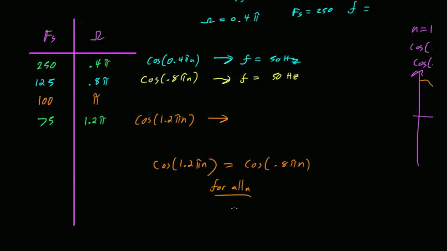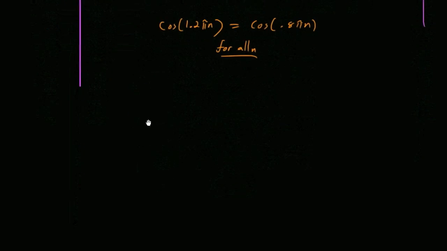How are they equal? Just make a list. I mean, just try it on your calculator, right? If you make a table, you should do this for homework, okay? Seriously. Can everyone do this for homework? Just do it in Excel. Cosine 0.8 pi n, cosine 1.2 pi n, n equals 0, 1, up to 25.